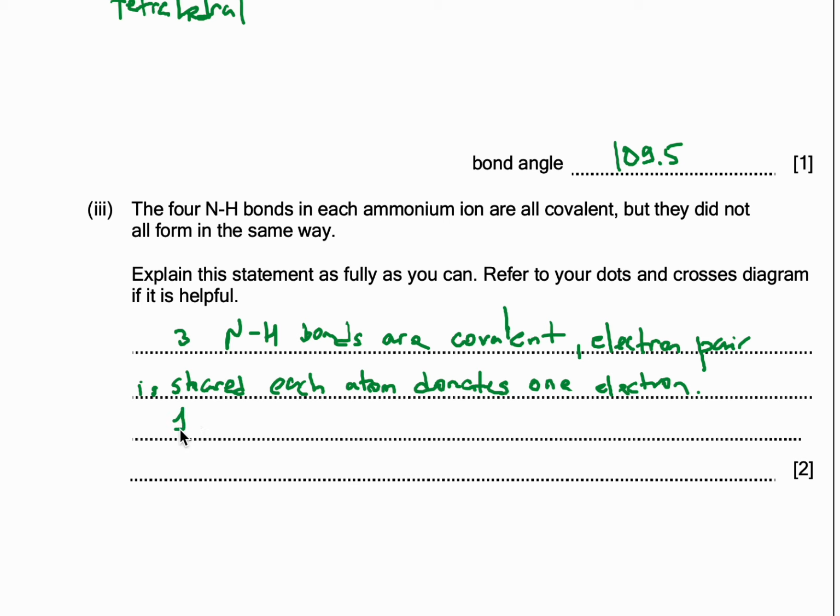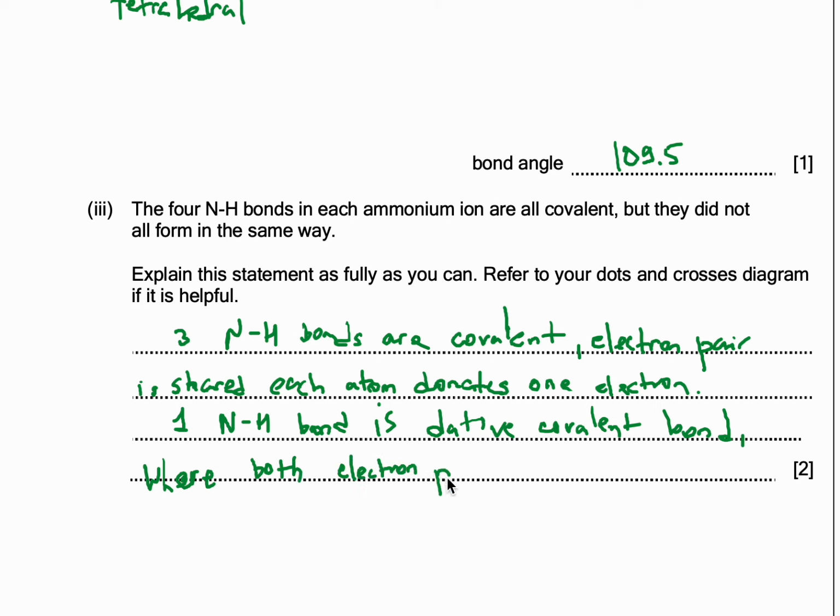And 1 NH bond is a dative covalent bond, where both electrons in the pair come from the same atom.